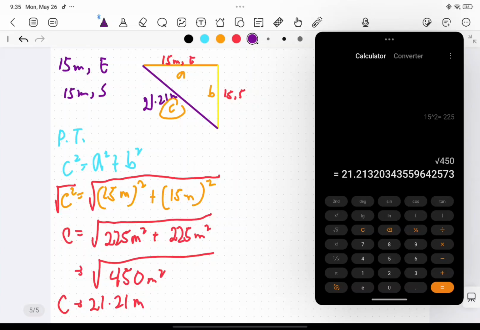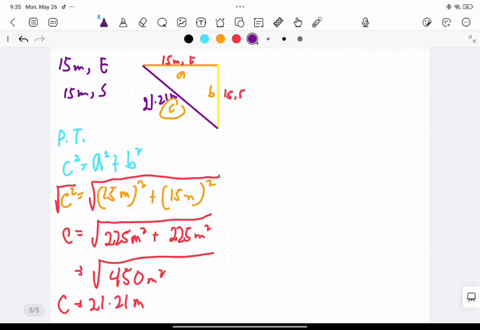So for a bonus lesson, since this is our last, what if your teacher gives you this scenario? You walk, you walk again, and then you went back to where you came from. Let's say that is a perfect square.